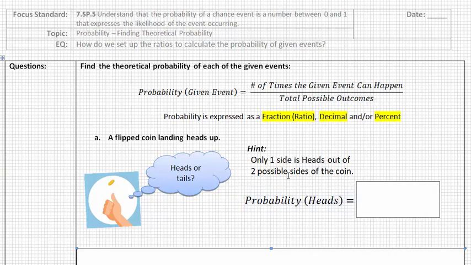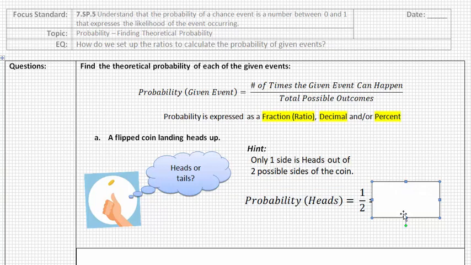And I actually wrote a ratio in word form here, so let's translate that to a fraction. If only one side is heads, 1 is going to be in my numerator out of 2 possible sides. There's 2 possible outcomes, heads and tails. So 2 goes in the denominator. So the probability of a coin landing heads is 1/2 as a fraction.